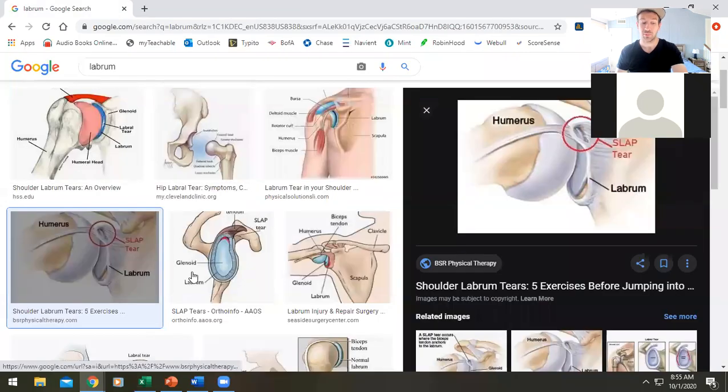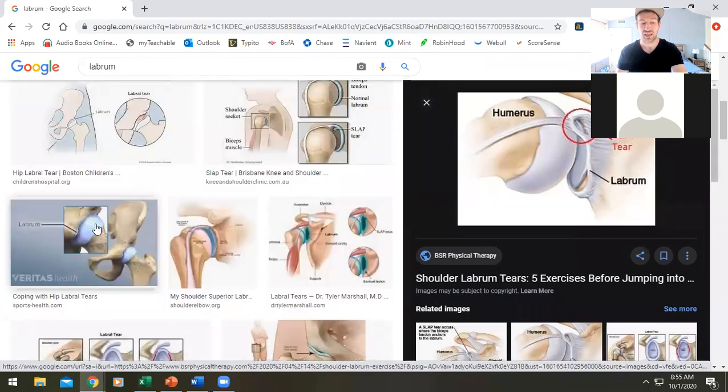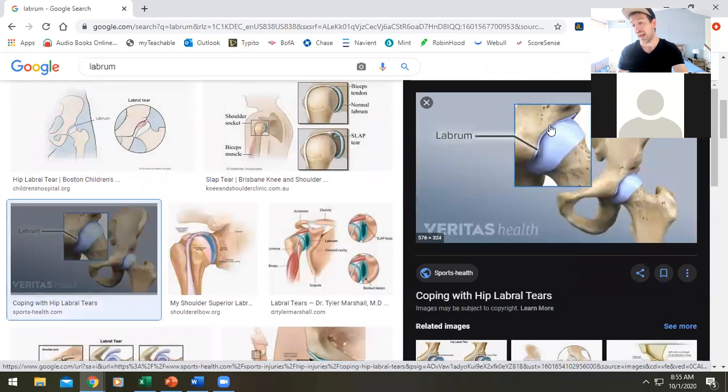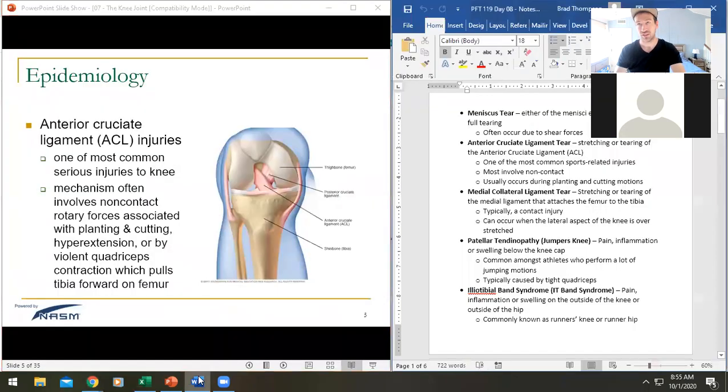Sometimes you'll see labrum tears in either the shoulder or much more painfully in the hips. A labrum acts as a bit of cartilage and makes the concave shape of that joint a little bit deeper. Same thing is true for your menisci, your medial and your lateral meniscus.